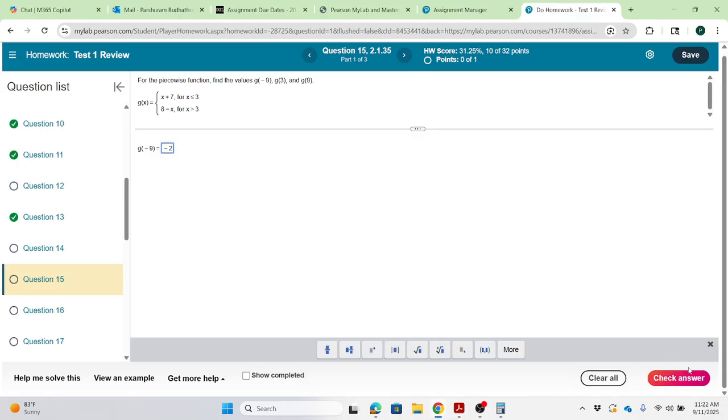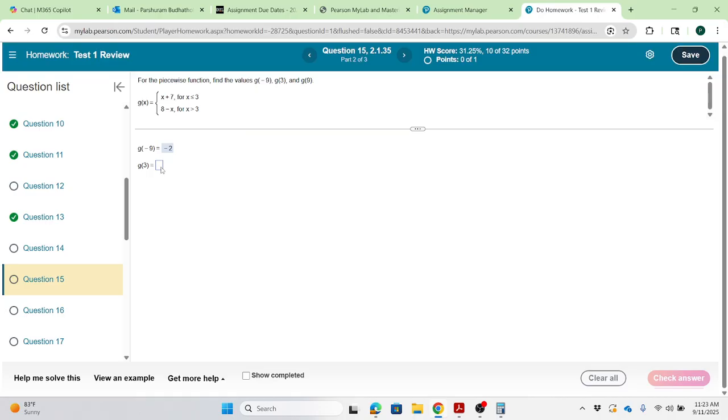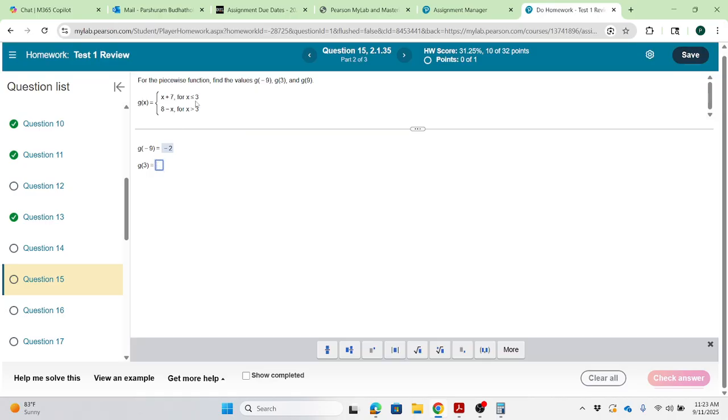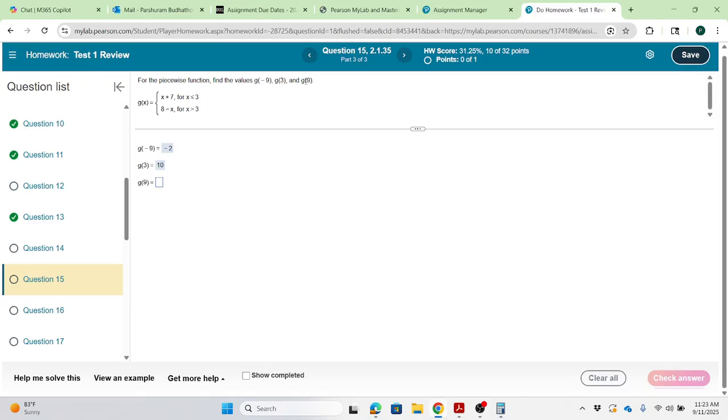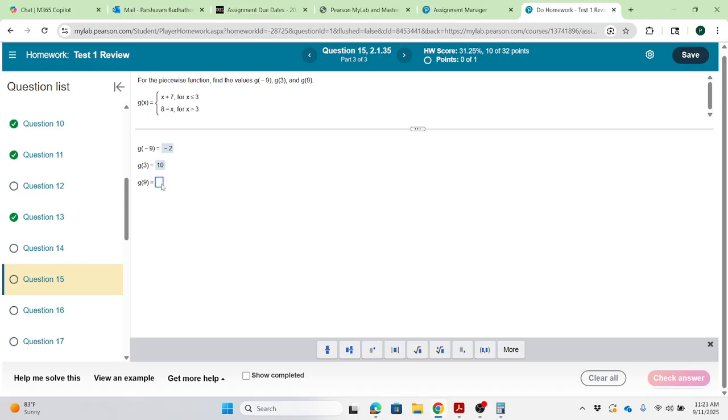If x is 3, because there is an equality sign here, you are still going to use the first formula. 3 plus 7 is 10. That's the value. And for anything greater than 3, which in this case is 9, use the second formula. So 8 minus 9 is negative 1.